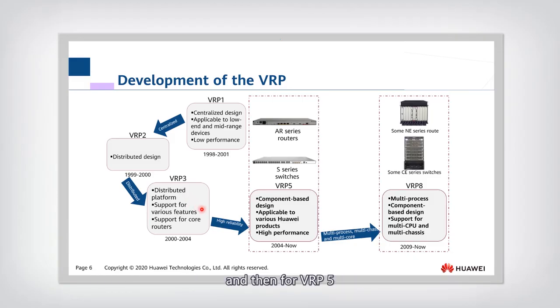And then VRP5 can support the component-based design, and it can support a lot of different devices. And the performance of VRP5 is much higher than the previous version. Now we can use VRP8. VRP8 can support multi-process, multi-CPU and multi-chassis. And VRP8 is also component-based.